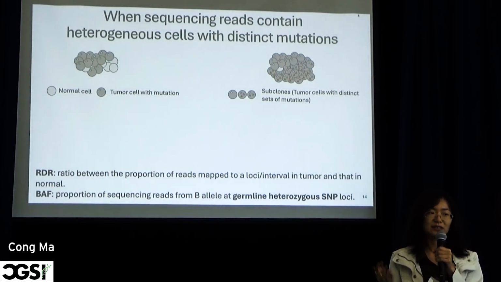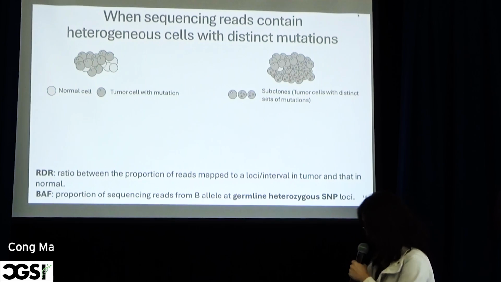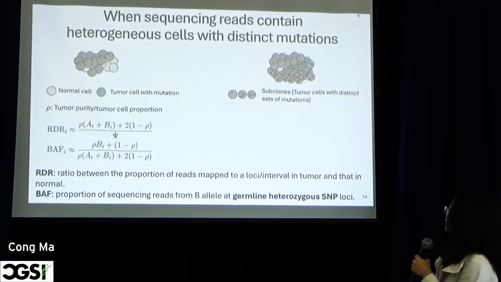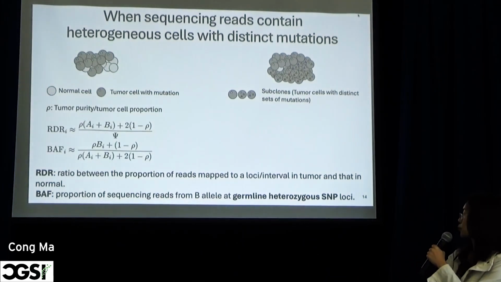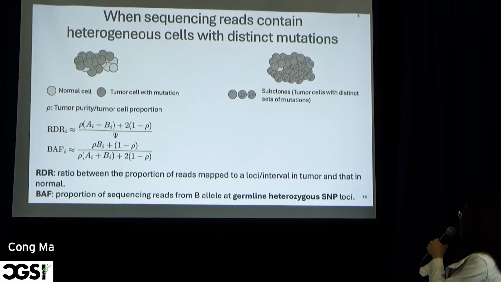It's not affected because it's still from the sequencing reads. But the copy number will not be a copy number from a pure sample, but instead the average copy number across the mixture of the population.